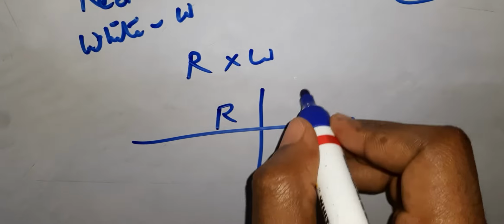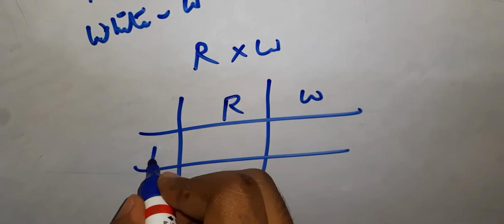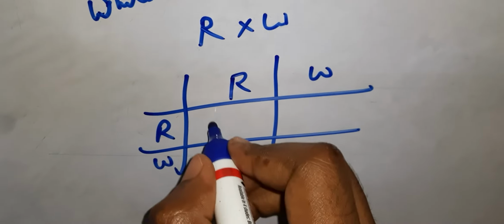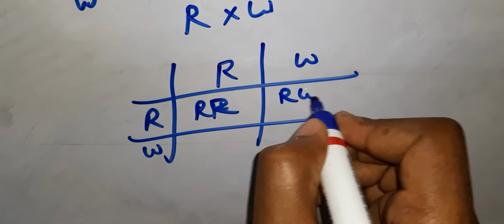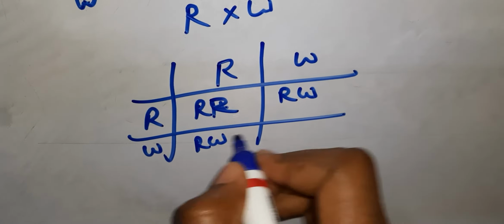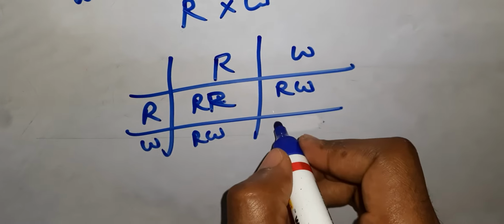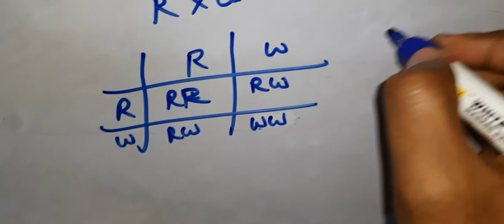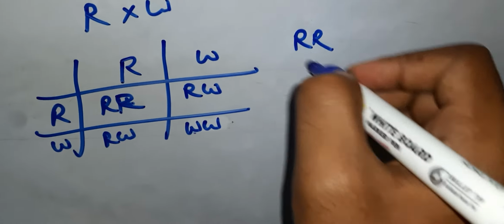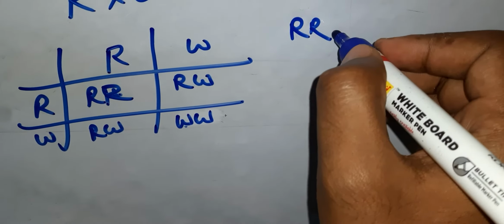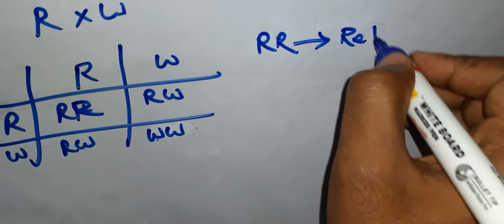if we draw the Punnett square, in case of the double R, that is the capital R, organisms appear red.